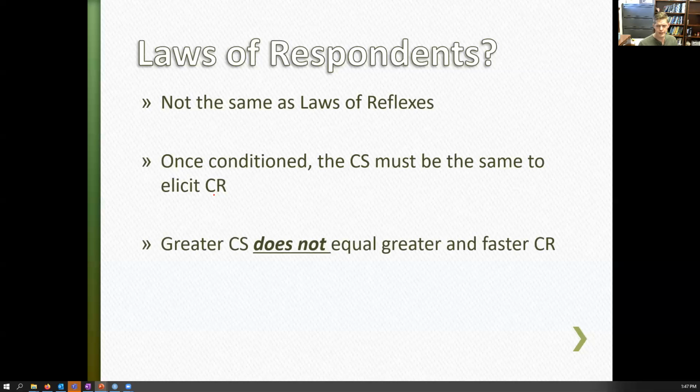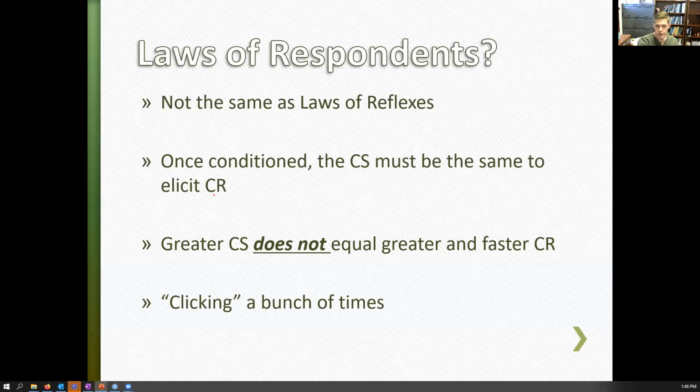So a greater CS, or a higher magnitude of CS, does not necessarily mean a greater or faster CR. When it comes to unconditioned stimuli, it does. That's what our laws of reflexes are. But our laws of respondence are quite different: a greater or lesser CS does not produce greater or faster conditioned responding. Only the CS that is identical to what was conditioned produces the most responding, and anything different from that will produce less responding.